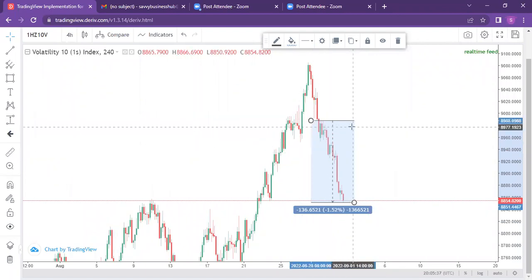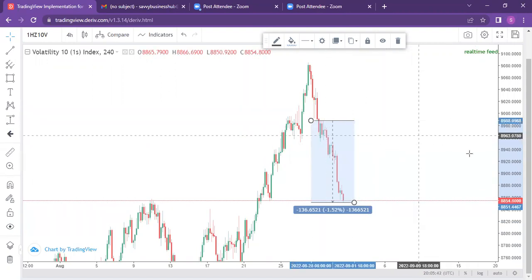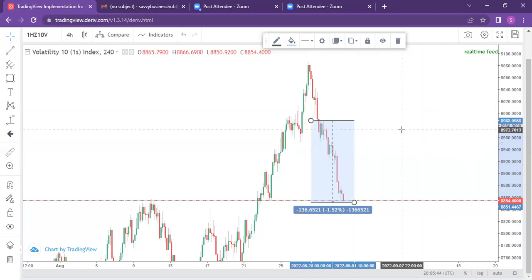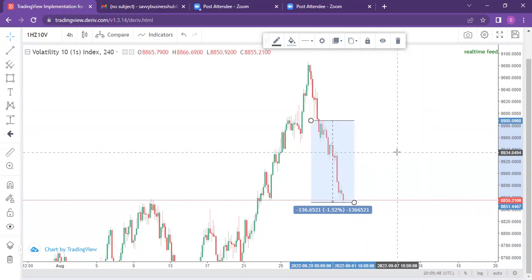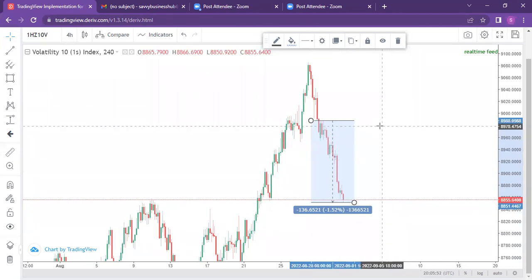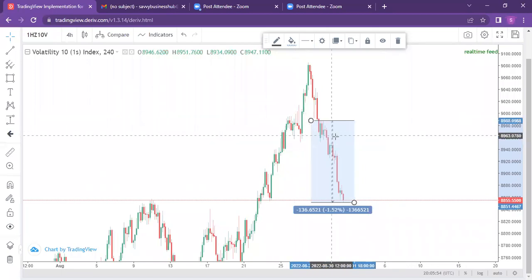If your account size is $100 upwards, you can open 2 positions. If your account size is $150 upwards, you can open 3 positions. $200 upwards, you can open 4 positions. But if you have $30, or maybe $50 downwards, just open 1 position. You understand? Just a single position.